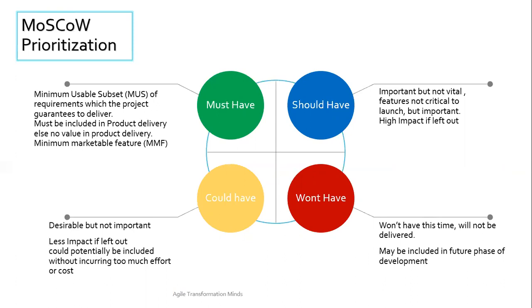The third set is could have. These are a desirable set of features that the customer is expecting, but not important. And won't have is like indifferent in the Kano model. There is a central box called indifferent. Same here is won't have, which as a team you need to eliminate.